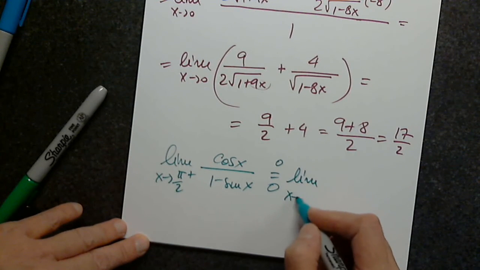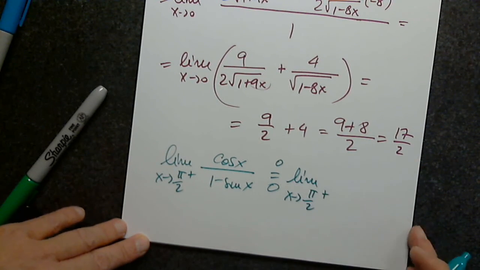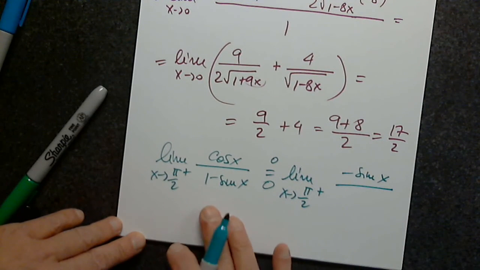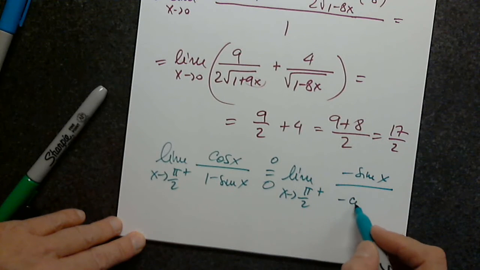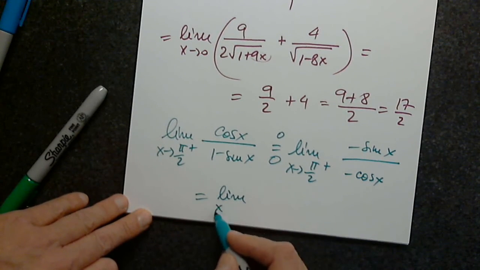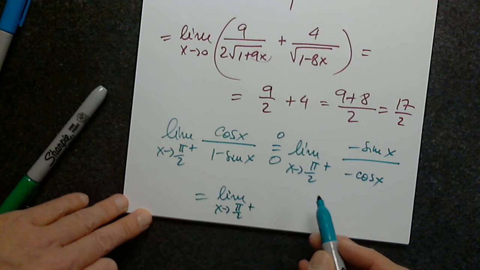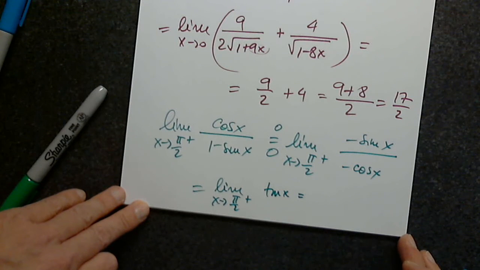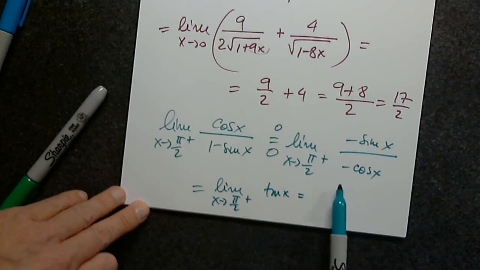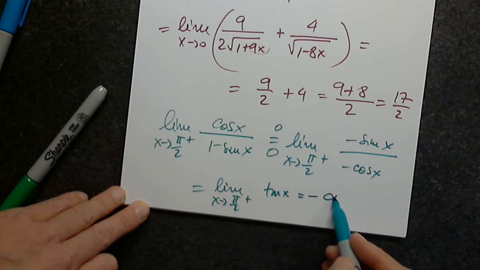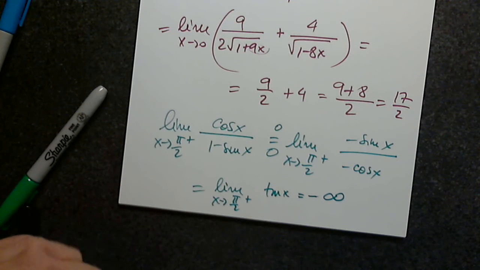So limit as x approaches pi over 2 from the right. When I differentiate the top, I get negative sine x. And when I differentiate the denominator, I get negative cosine x. Or limit as x approaches pi over 2 from the right of tangent x. And we know that that would be what? Negative infinity.